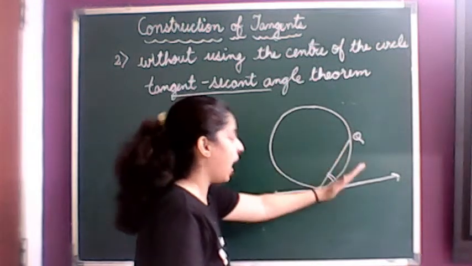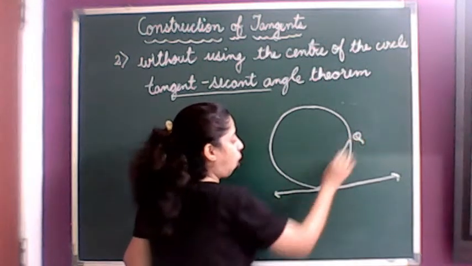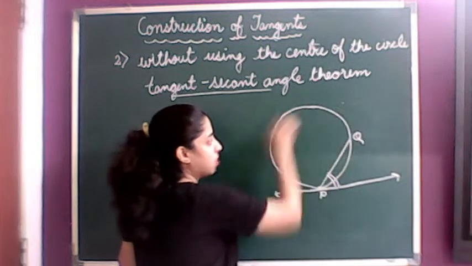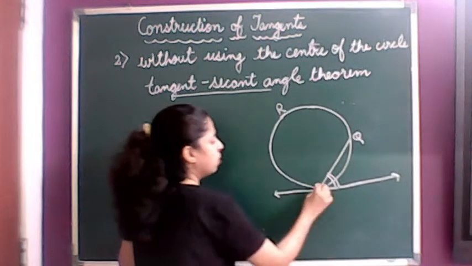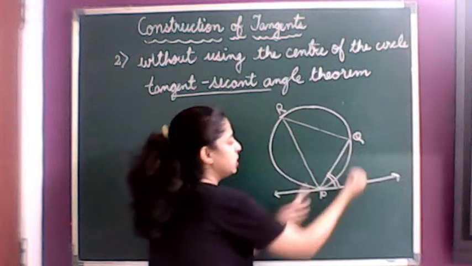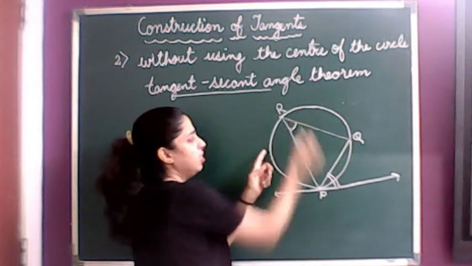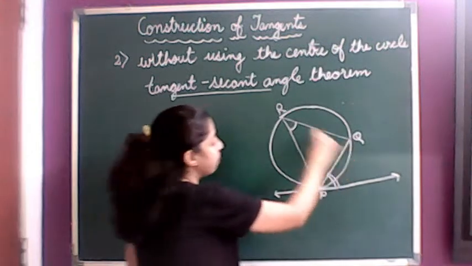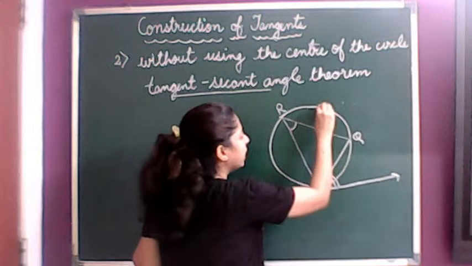Now this angle is equal to any angle which this chord PQ subtends on the circle. So if I take any point here, say R, and join R and Q, then this PQ is making this angle at the circle. Similarly, I can take any other point as well.